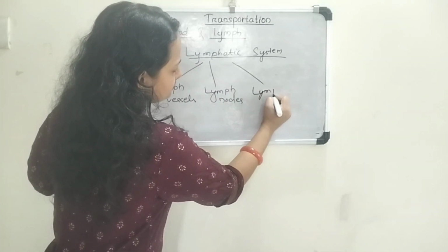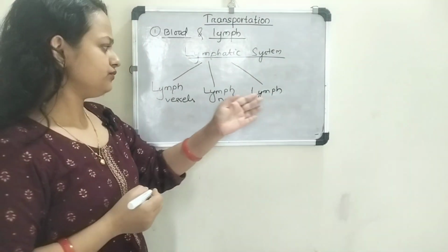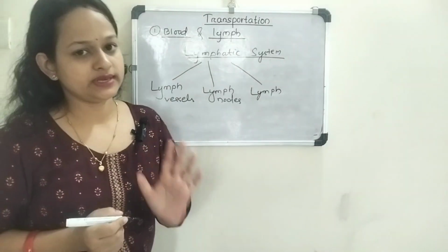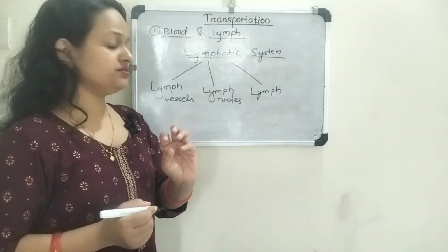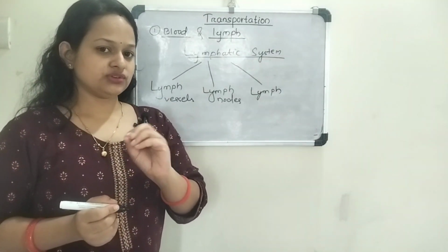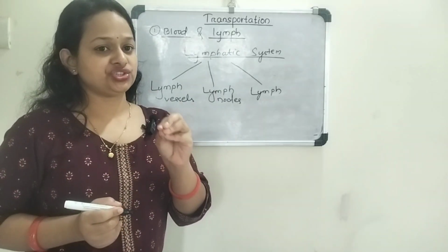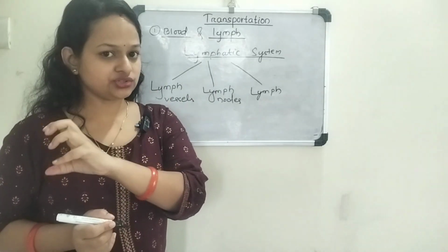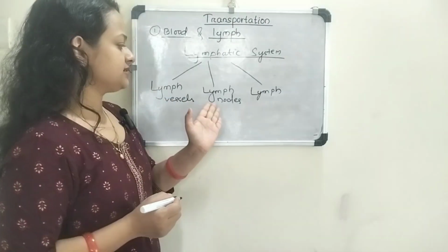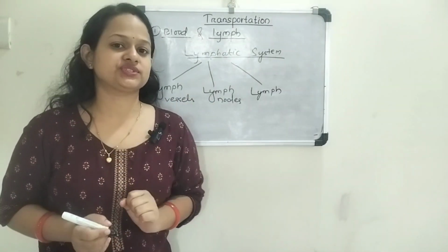The lymph flows through these lymph vessels, and there are some muscular cells present in patch form, like beads on a string, on the vessels, and they are known as the lymph nodes.